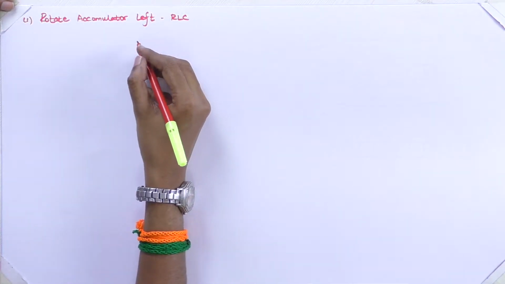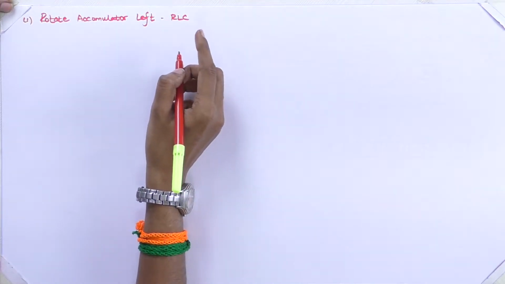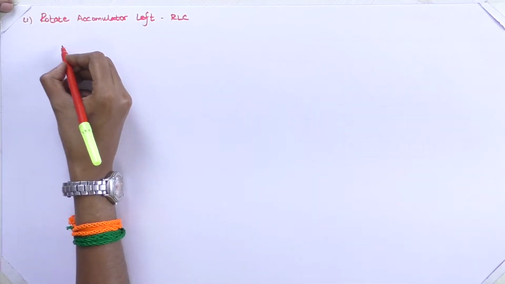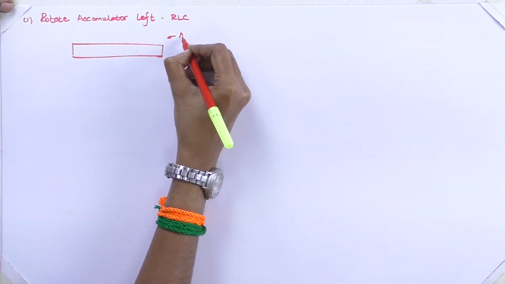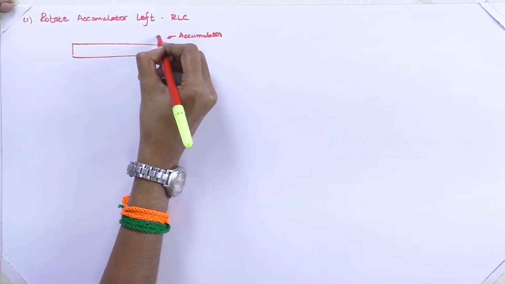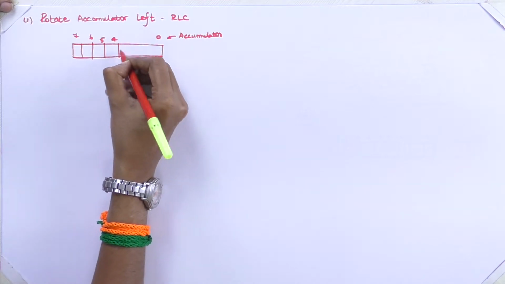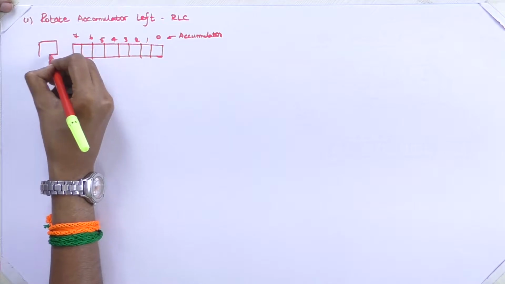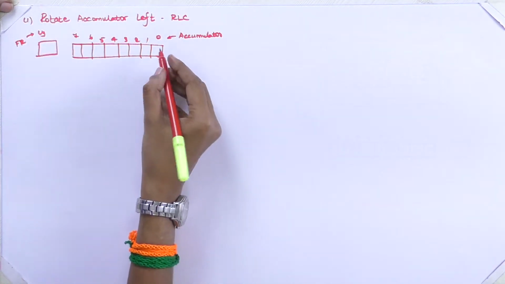RLC. This instruction rotates the value in the accumulator towards left. It won't rotate any other register values. For example, this is your accumulator register, which is 8-bit. This is the carry bit in the flag register.